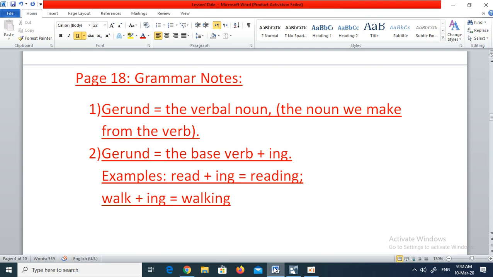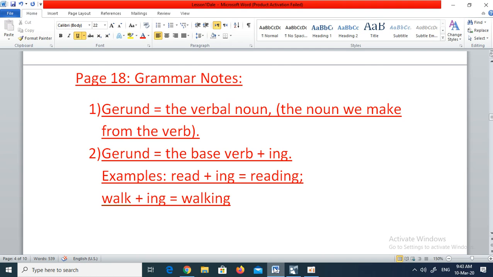All right. A gerund is a verbal noun. It is the noun that we make from the verb. Now, grammar note number 2, a gerund is made by taking the base form of the verb and adding ing.